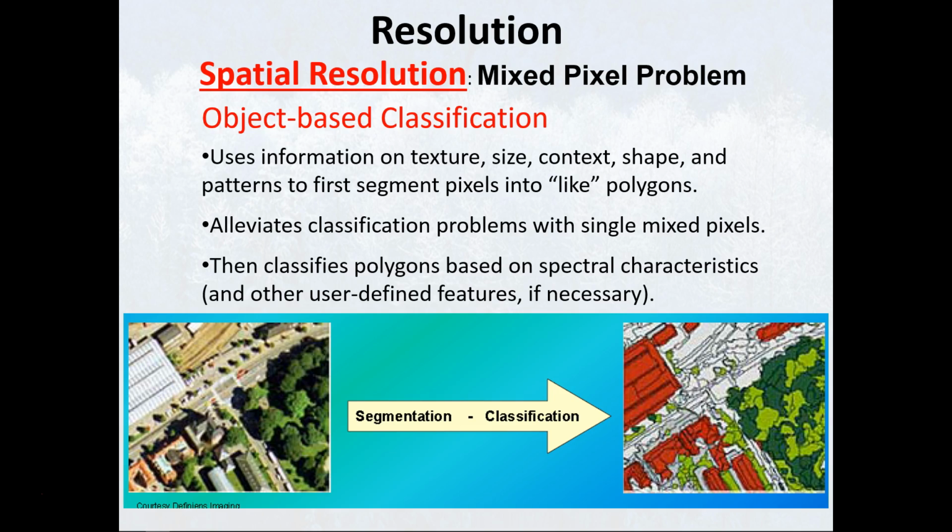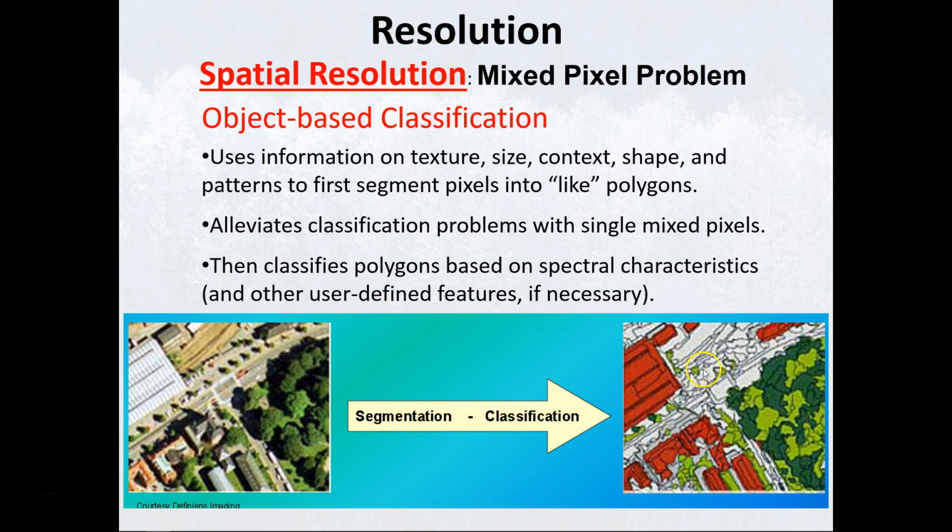Object-based classification begins by first segmenting the image into larger polygons by combining like pixels. So if you look at this high resolution image on the left, you know it's made up of thousands, perhaps millions of small pixels, but if you look over here on the right, the classification is actually being carried out on these larger polygons.